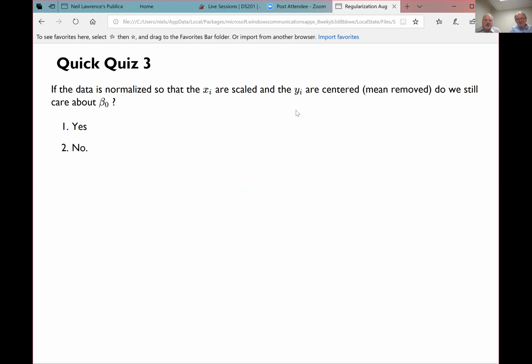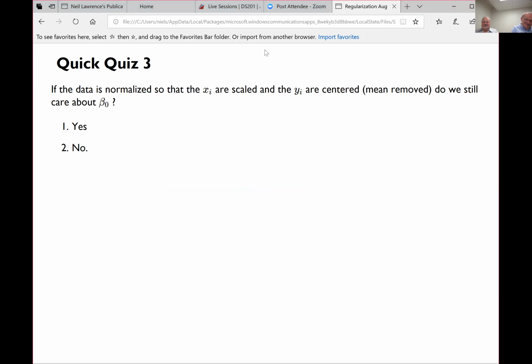If data is normalized so the xi are scaled and the yi's are centered, do we still care about beta naught? As Neil said, I just answered my own quick quiz number 3.